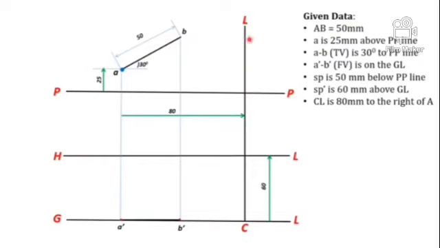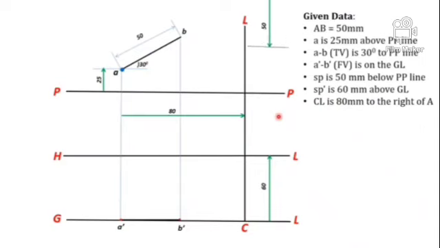So the station point's front view and top view is lying on the central plane. So central plane appears as a line in top view and also in front view, because that plane is perpendicular to both picture plane and ground plane. So that line you can draw from the point A towards 80 mm to the right, because it is given that the central plane is 80 mm to the right of the point A. So mark central line here.